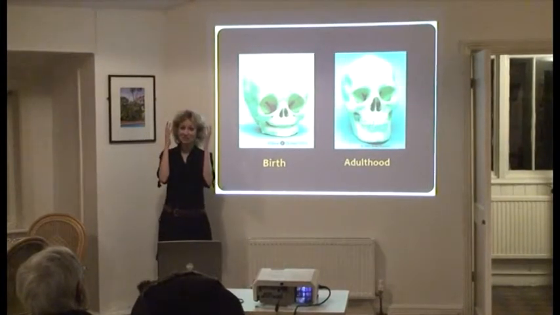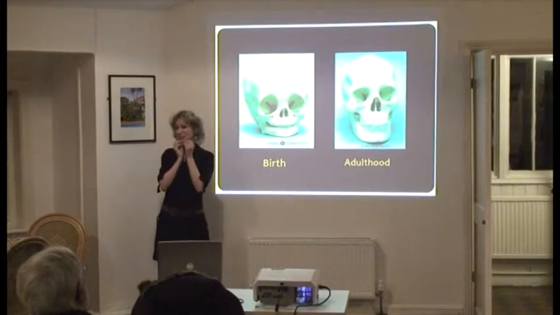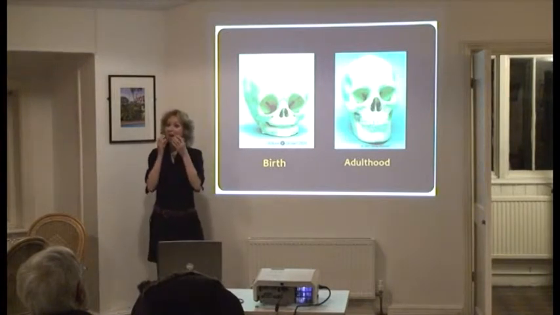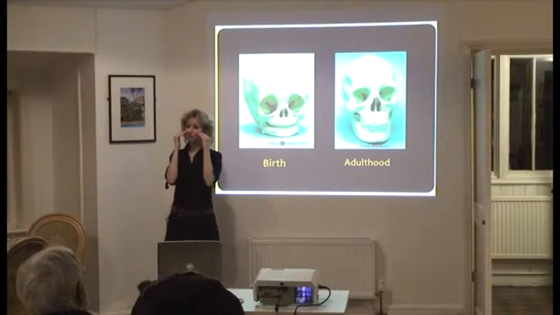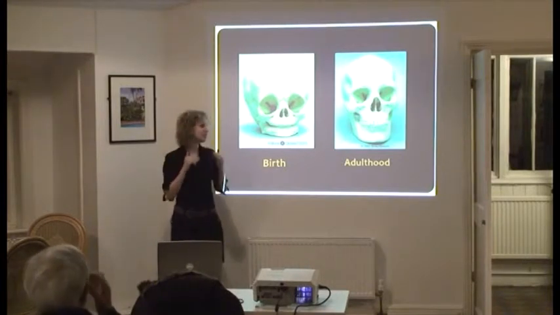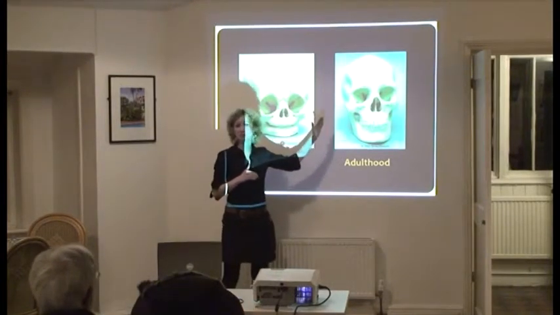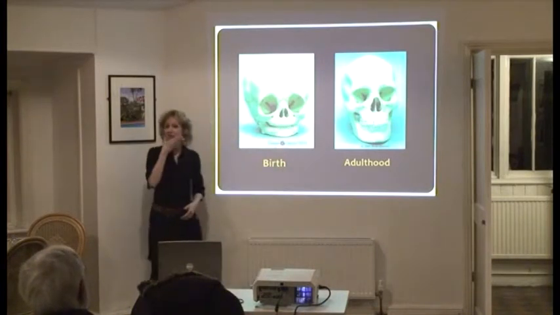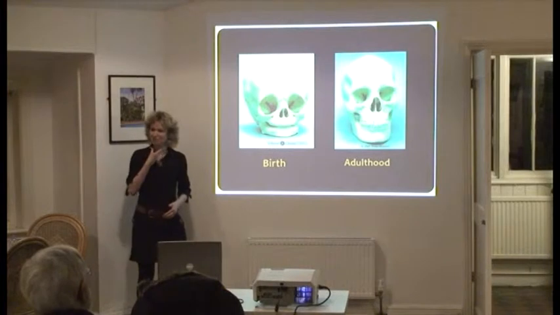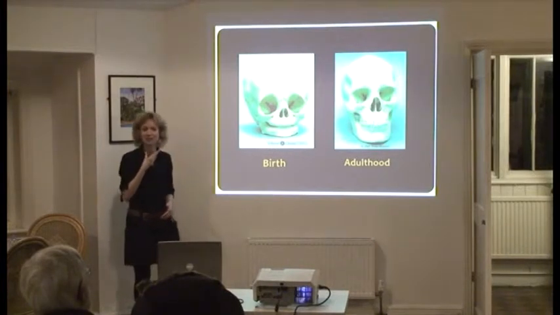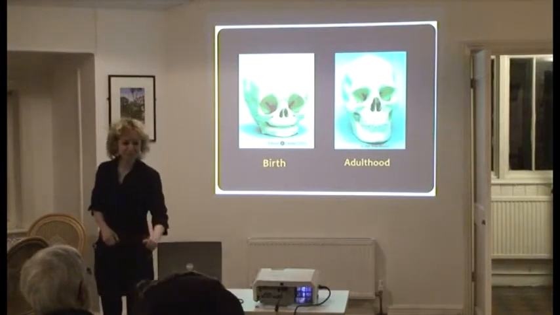So whilst the brain needs to be there, the lower jaw is not that essential. Over childhood and into adulthood, the lower half of the face grows. And that is what the difference is, really, between the infant and adult skull. So as you get older, the lower part of your face elongates, and that's when you begin to look a little bit older and a little bit more adult-like.